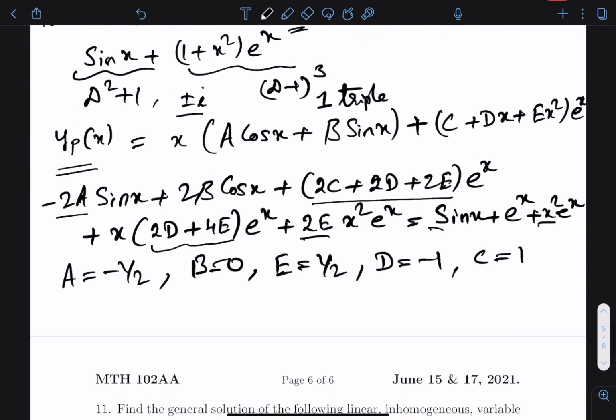So if you use these a, b, c, d, e, what you get is the particular integral.